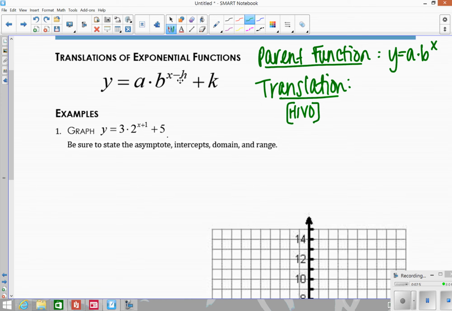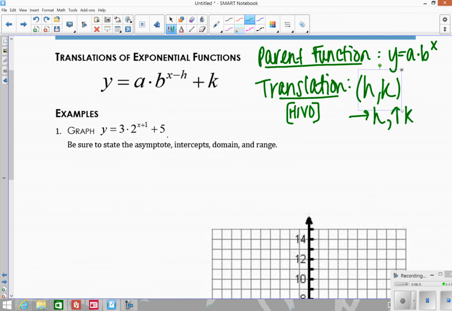So if it's a negative h, really what that tells me is that I'm going to be moving right h according to this. And then the k is on the outside, so you're going to do what makes sense. So since it's plus k, it means you're going to be moving up k. So your translation is always going to be decided by h and k. If h is positive, you move right. If k is positive, you move up. And just kind of remember your acronym there.